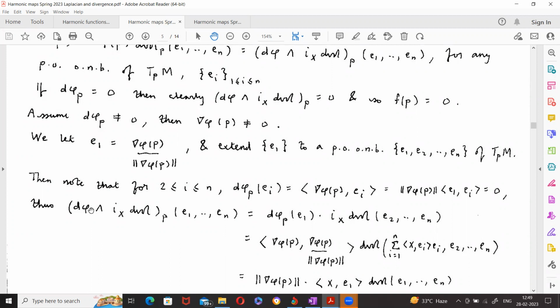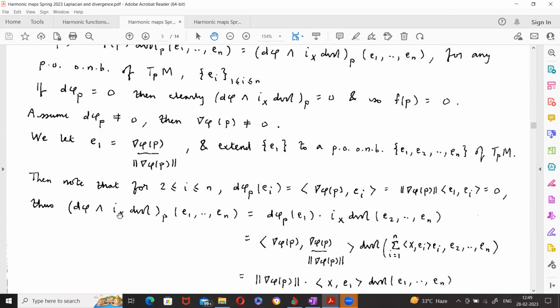So those terms will vanish, and I won't be looking at those permutations. I'll only be looking at the permutations where E1 is fixed and the E2 up to En are permuted amongst themselves. Is that clear? Yes, sir, it is clear.